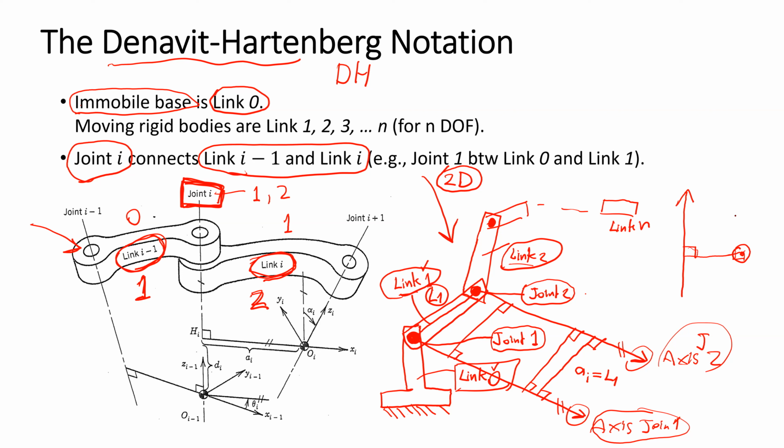If the lines are on different planes, you can find only one such line. And the length of this line is going to be the link length.